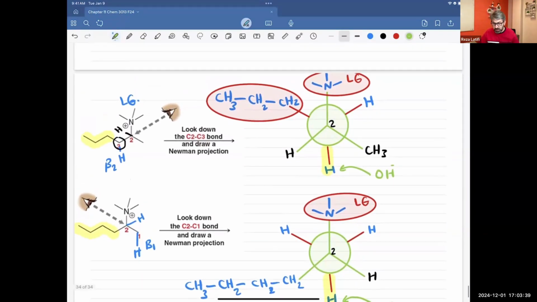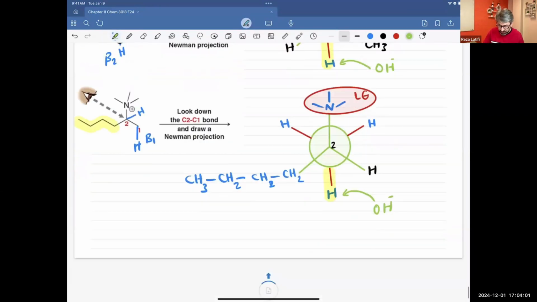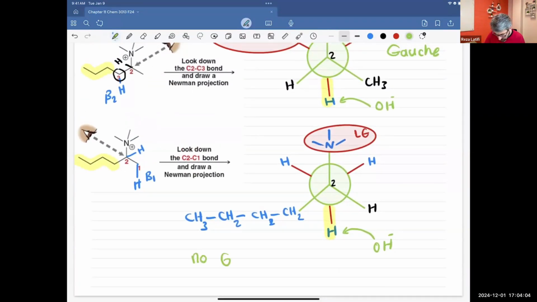Now, in both cases, I have hydrogen in anti-position. What's the problem here? Number one, if we take hydrogen from carbon number 3, we will have gauche interaction between the leaving group and the propyl group. If we take hydrogen from the terminal carbon, we are not going to get any gauche interaction.